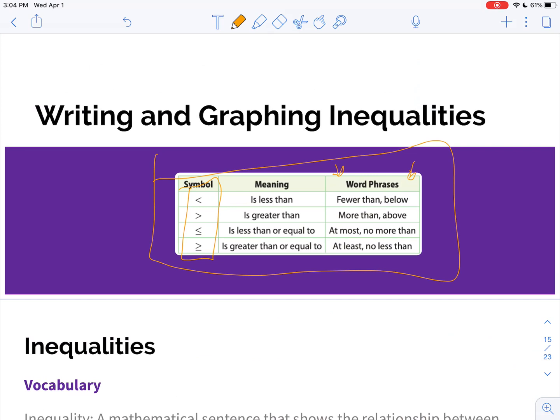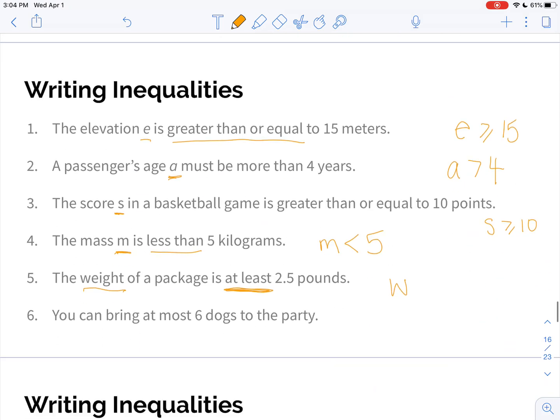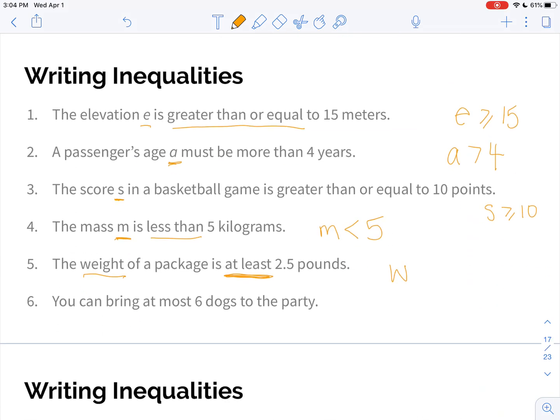If we go back to this table and find at least, right here, you want to use the greater than or equal to symbol. You have to think about it as at least means that's the lowest it could be. So it has to either be 2.5 or greater. So the weight is greater than or equal to 2.5.